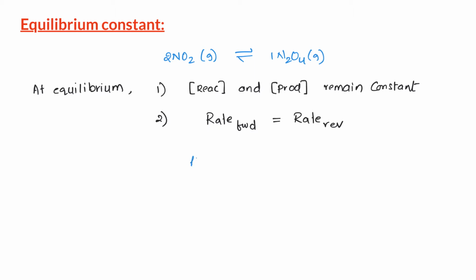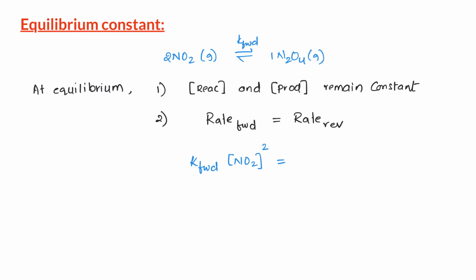The rate of forward reaction can be written as K forward times the concentration of NO2 to the power 2, where K forward is the rate constant for the forward reaction.